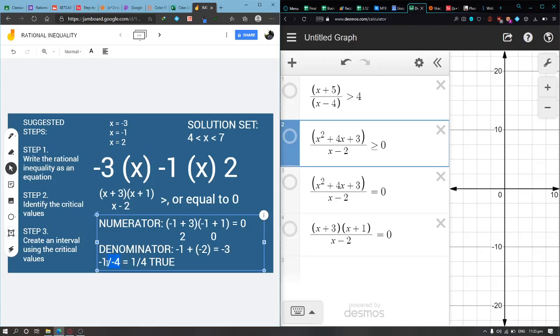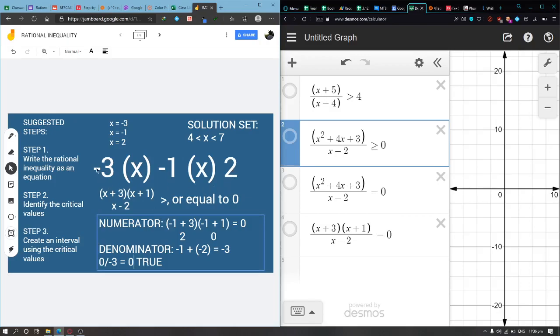Ano itsura ng ating fraction? 0 over negative 3. So, pwede ba yan? Ang lalabas sa sagot dyan ay 0. So, it is also true because sabi nga niya 0, ang kinalabasan nito ay 0 which is equal to 0. Okay, ganun siya. So, pwede yung negative 3, pwede yung negative 1, pwede rin yung 2.